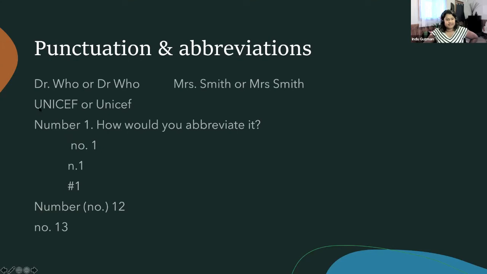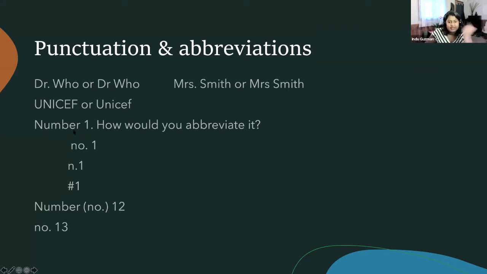Is it UNICEF capitalized or not? I know, definitely in the Chicago Manual of Style, that is capitalized for organizations, but words like scuba, it used to be capitalized at one point, but now it's no longer. It's just become a regular word. And then also, do you put periods between the letters? That's, again, a style issue.